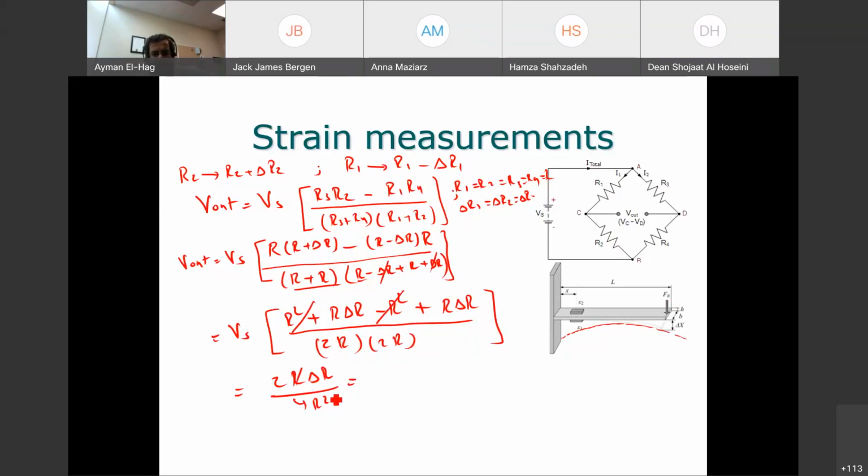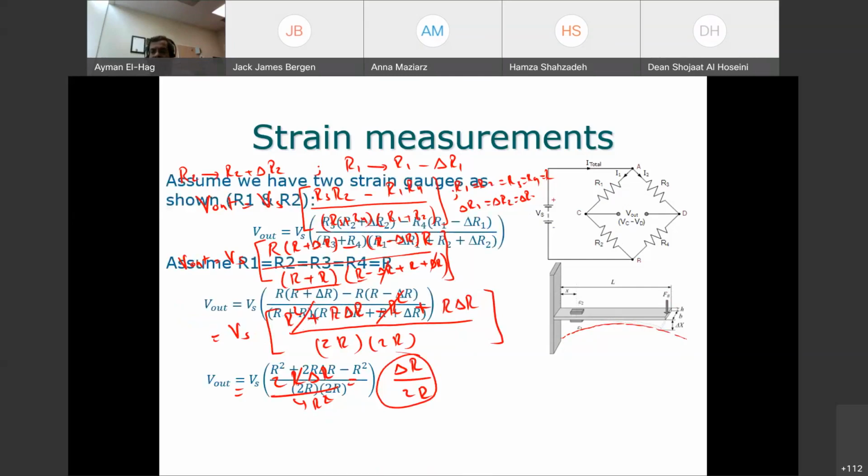So this becomes delta R divided by 2R. If you recall from the previous formula, it was delta R divided by 4R. So here I am increasing the voltage, a bit higher voltage for the same force, by just switching one of the resistors to become another strain gauge, which is something good for me.